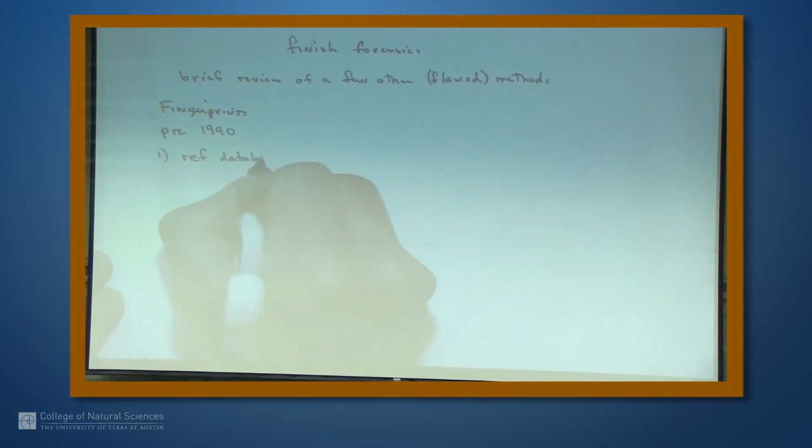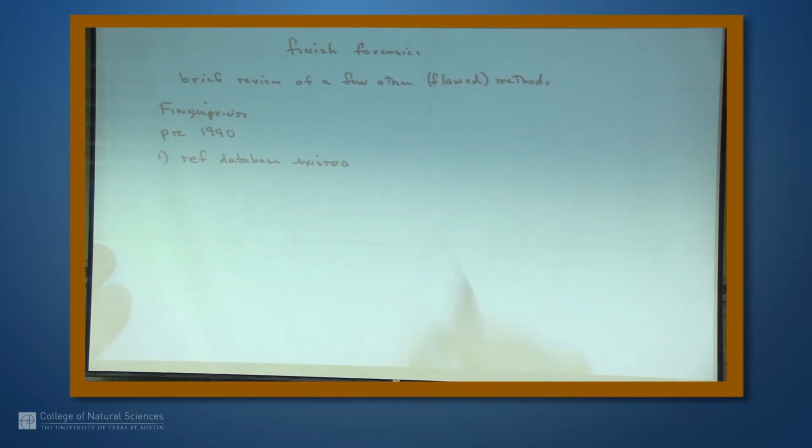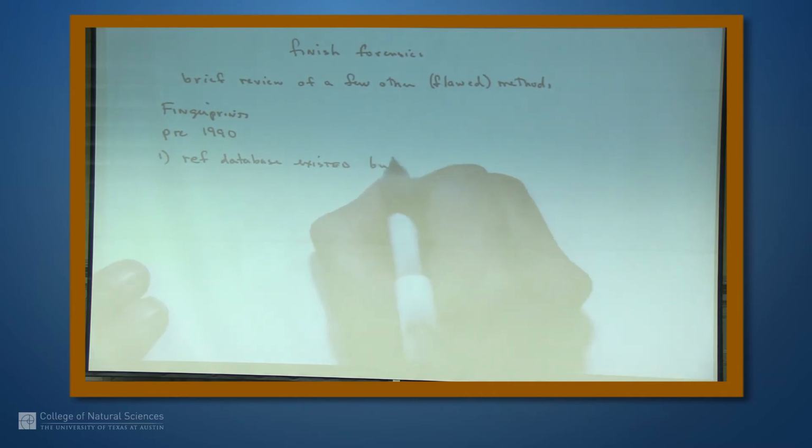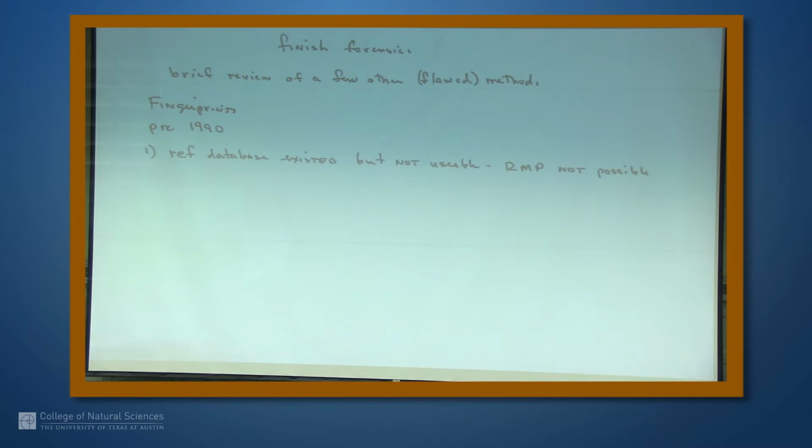The first of which is a reference database. And up to 1990, it existed, right? The FBI had all these files and such, but it was not really usable. You could not calculate a random match probability because they had no way of screening.